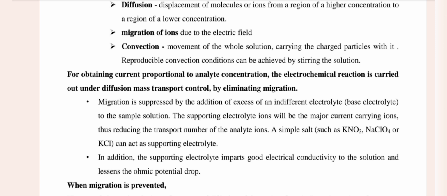In addition, the supporting electrolyte imparts good electrical conductivity to the solution and lessens the ohmic potential drop. So this supporting electrolyte has two functions: acting as the major current carrying ions, and imparting good electrical conductivity while lessening the ohmic potential drop.